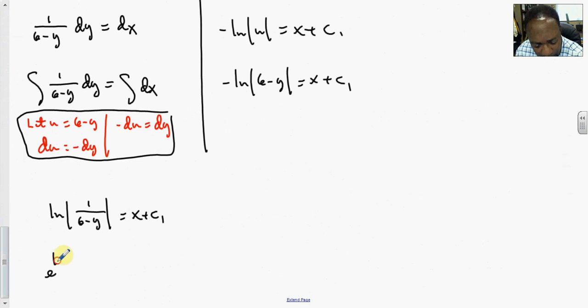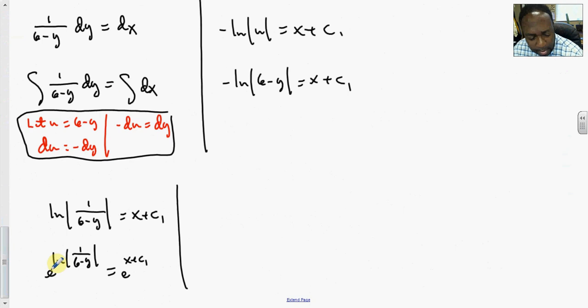Exponentiate both sides because of the inverse property. In doing that, e to the natural log, the inverse is there, so all we have left is the term, and just write that as 1 over 6 minus y. That's equal to e to the x times e to the c sub 1.